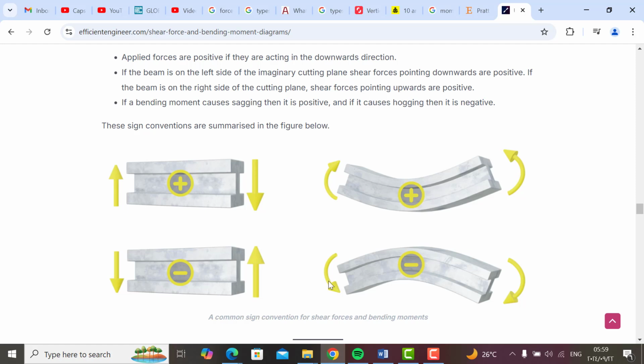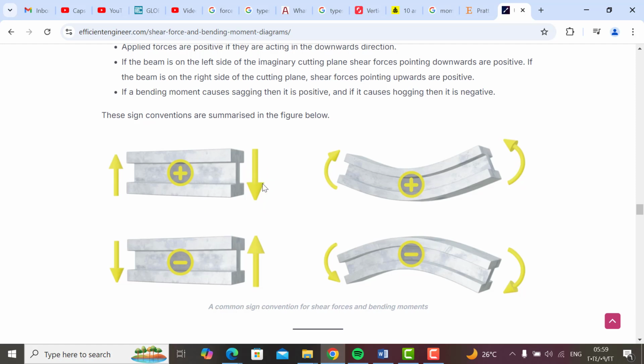Okay, so the result will be in the direction of the larger force about the point. So it depends on the distance of the point and the value of the force.